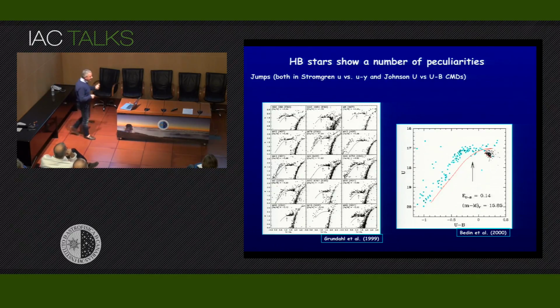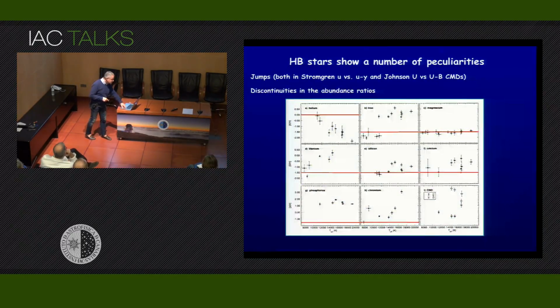Okay? Another piece of evidence, collected a few months after the work of Frank Grundahl, was this one. It was once again a PhD thesis, by Behr. It was an amazing work at the time. He discovered some evidence that had also been collected 50 years ago, but at the time only 3-4 stars were studied. Now we have hundreds of stars for the same globular cluster.